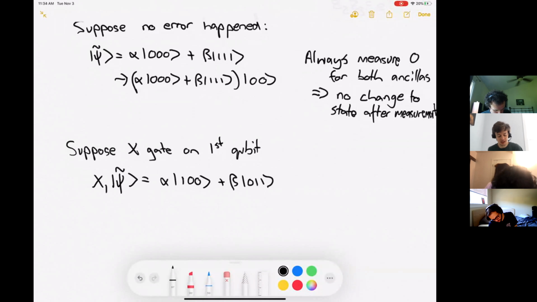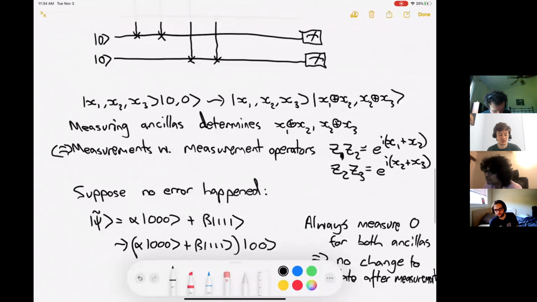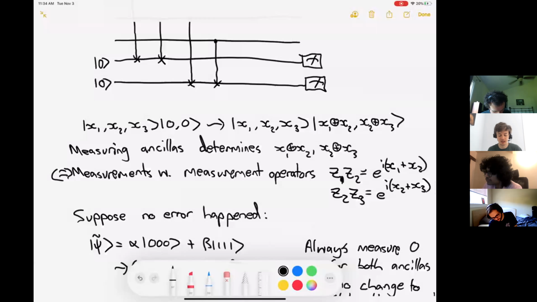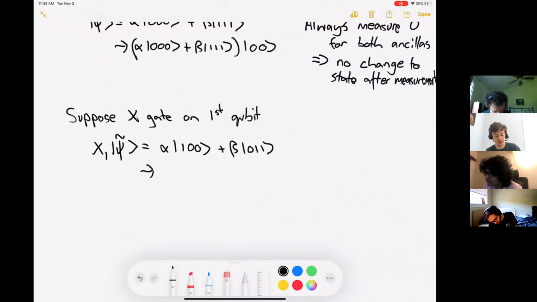And when we apply the C naught, then x1 plus x2, in either case, is going to be equal to 1 because they're always different from one another. x2 plus x3 are always the same, so that's going to be equal to 0. So this is going to go to just the ordinary state, x1 psi tilde, with the extra qubits in 1 and 0.